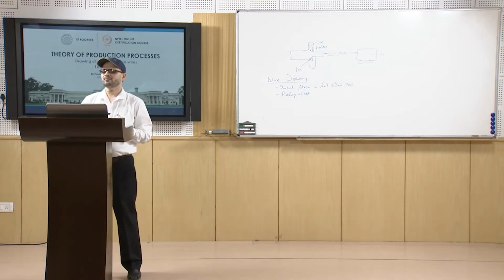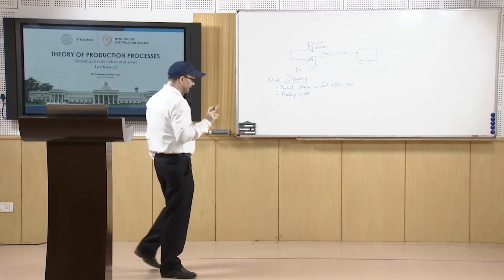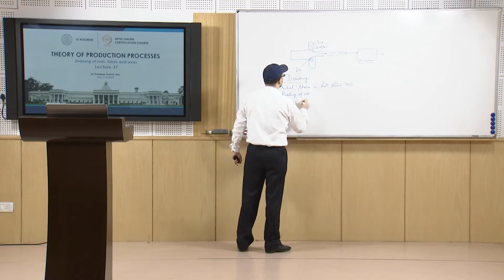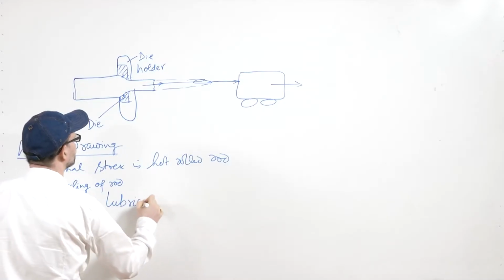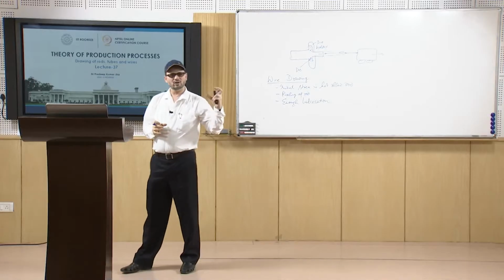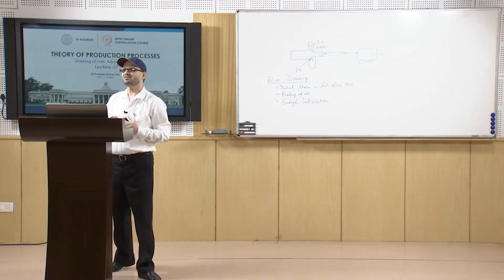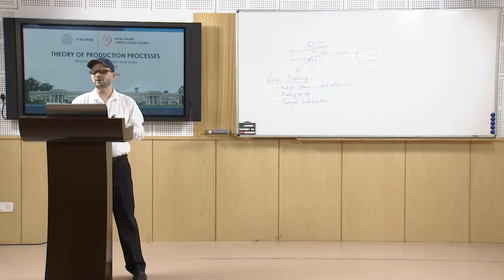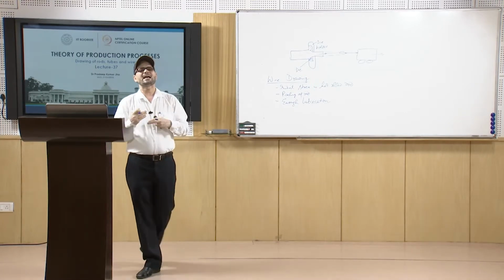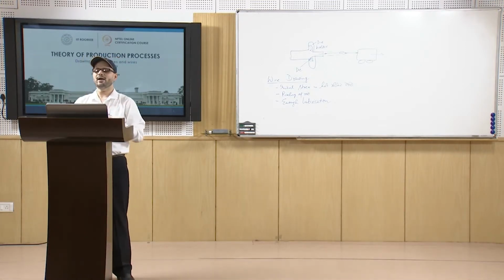Further, when you start the drawing operation, one thing is important: there has to be enough lubrication for the process of drawing to work smoothly. For that, a surface coating is applied, and normally copper or tin coating is applied, which works as the lubricant in wire drawing operations.